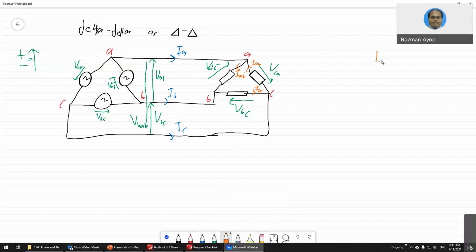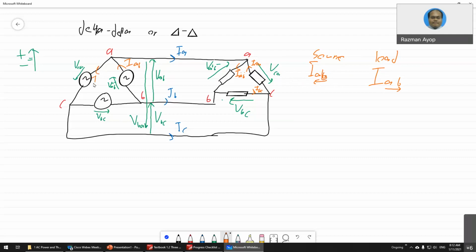For the load, for example IAB, the arrow is from A to B. But for the source, IAB means that the current goes from B to A. So basically you have to be careful when you draw the current because it is flipped.